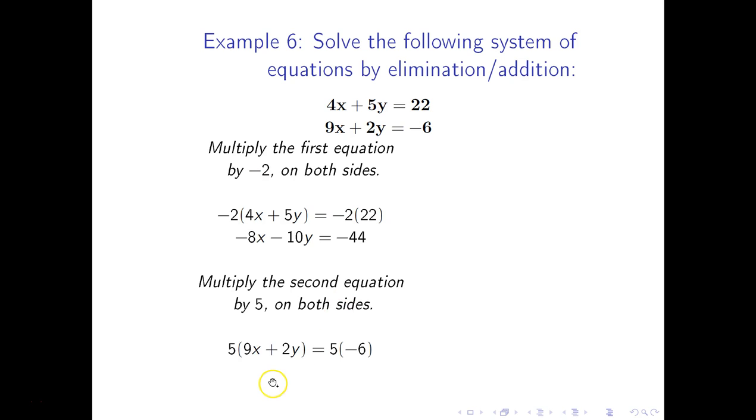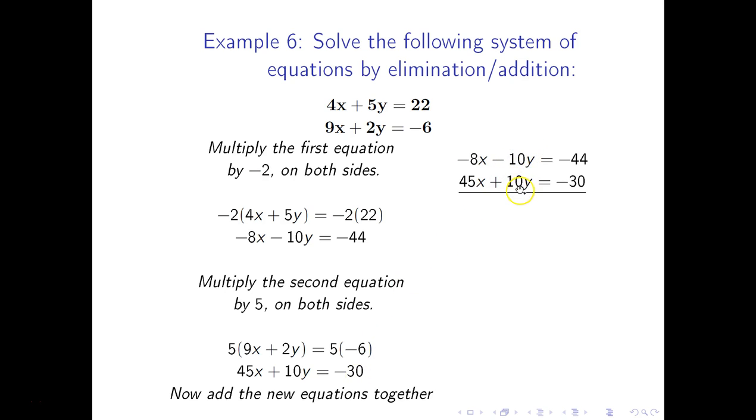If you multiply the second equation by 5, notice you get 45x plus 10y equals -30. And to help you better see that, let's add them both together. Notice what's going to happen to the y's. Hopefully you're saying they cancel. Good. So I want you to pause the video, finish solving this, and remember the final solution is a point, both x and y. Go ahead.